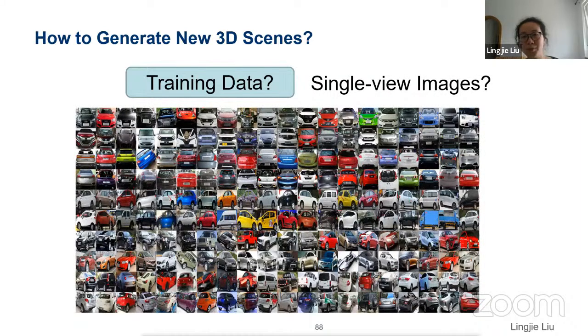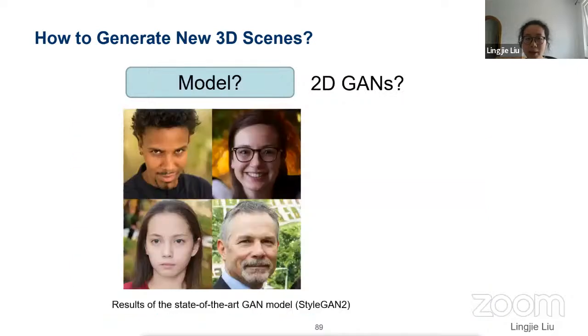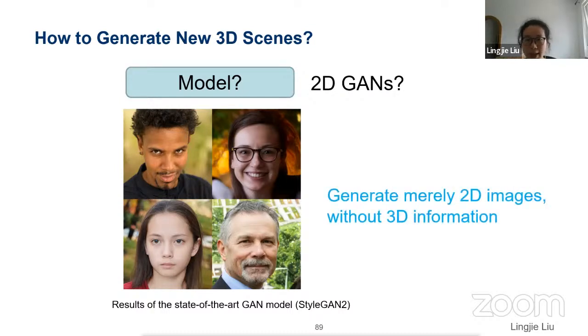Compared to multi-view images, single view images are much more easily accessible. How about the network model? 2D GANs can be trained on 2D single view images and generate new images. But the problem of 2D GANs is that they cannot generate multi-view consistent videos of the same scene.